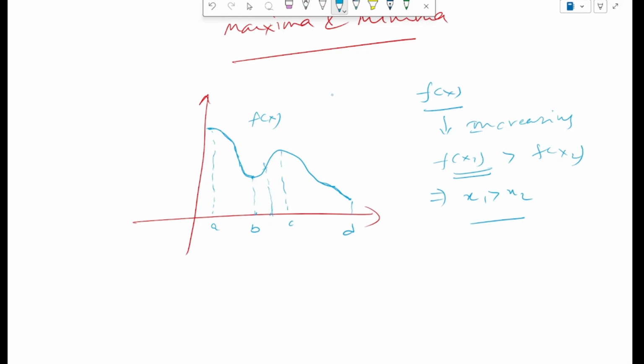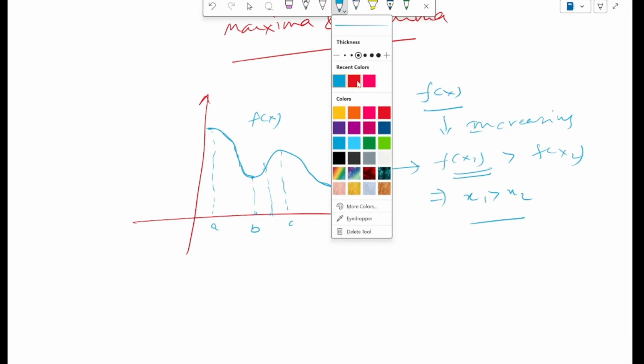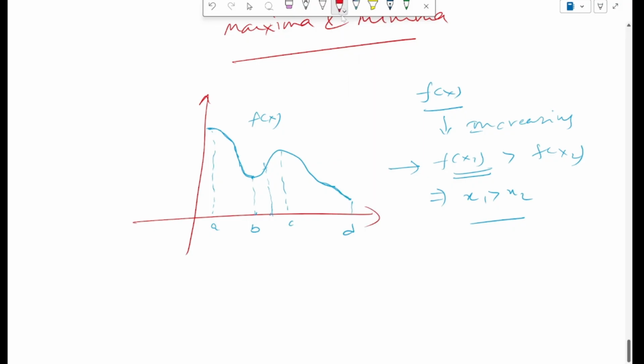The opposite of this: if f(x1) is greater than f(x2) when x1 is less than x2, then we say it is decreasing. Mathematically we can describe it like this.